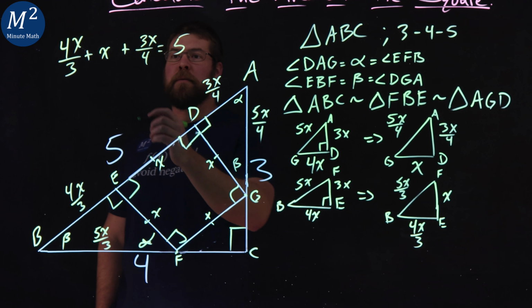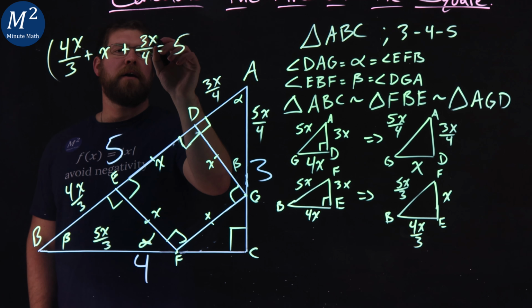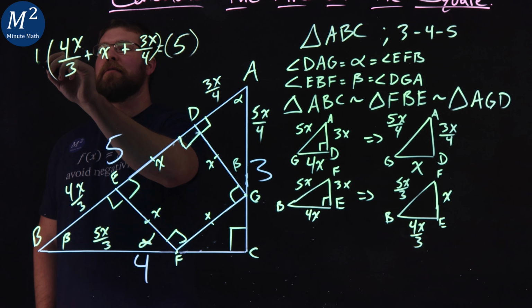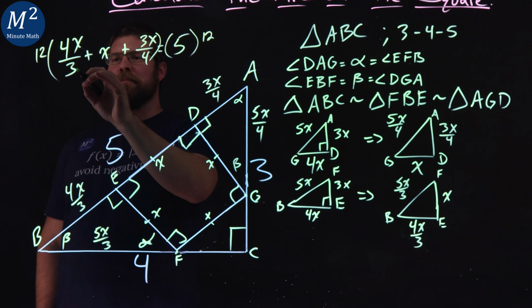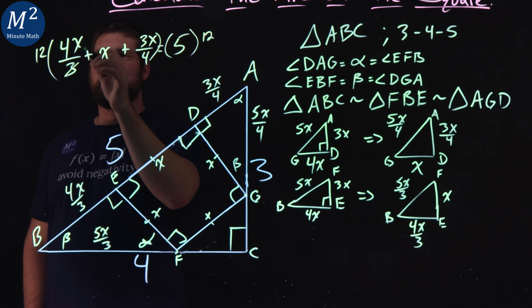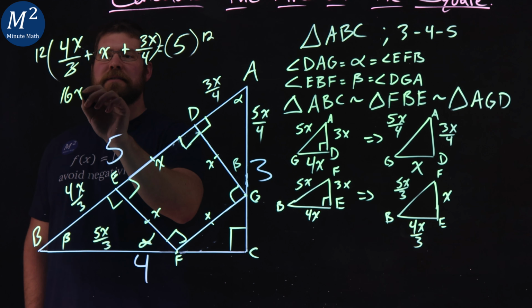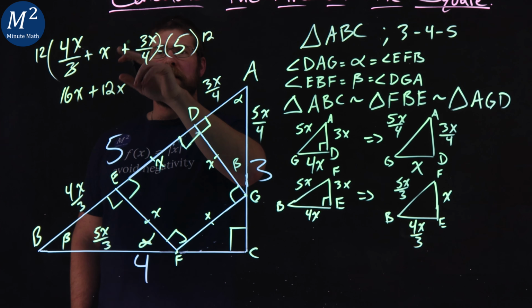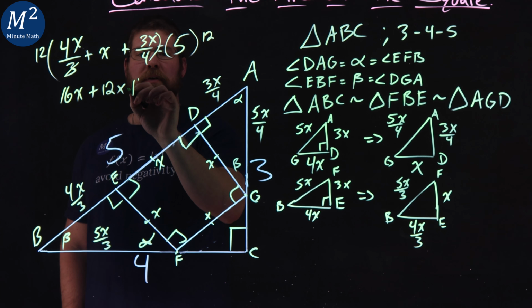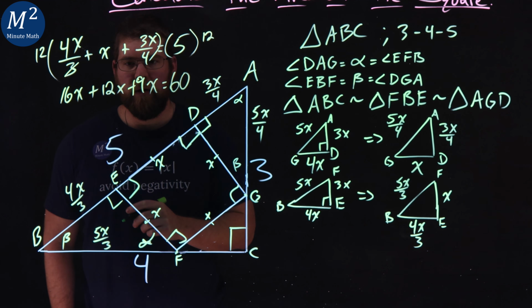So what I'm going to do is, well, 3 and 4 common denominator is 12, so multiply basically everything by 12 on both sides. Let's do some math here. 3 goes into 12 four times, 4 times 4 is 16x, plus 12x. 4 goes into 12 three times, 3 times 3x is 9, so plus a 9x, equals 5 times 12 is 60, okay?